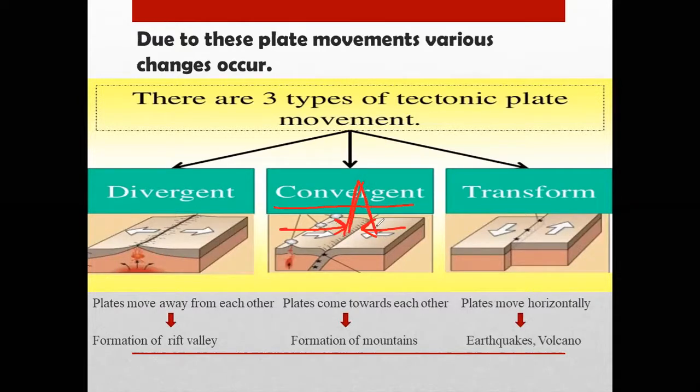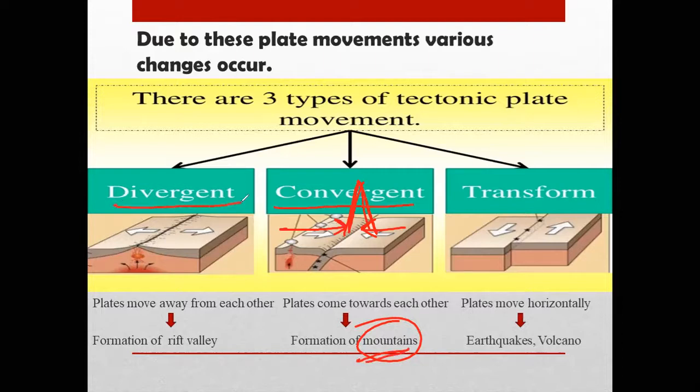I'll repeat, convergent plate boundary leads to the formation of folding structure called mountains. Converge means basically to meet at a point, to converge at a point. When two plates move towards each other, they collide and it leads to formation of a folding structure called mountains.